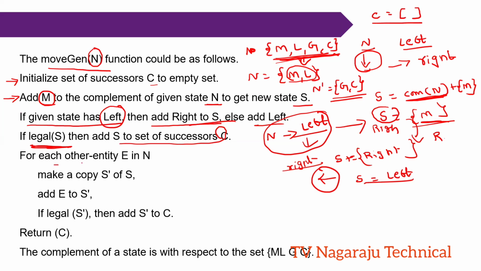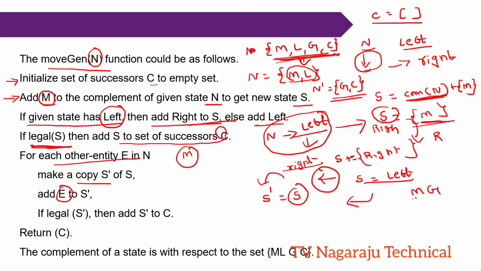Now for all the remaining entities, what do you need to do? Make a copy. Suppose S dash is equal to S. Whatever is available in S is placed in S dash. Now add that entity. For example, suppose M moves with the goat first.